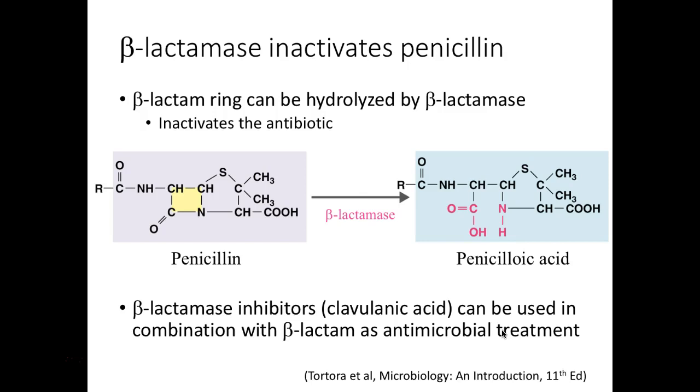On the top we have, let's say this time it's amoxicillin, which is another beta-lactam. And on the bottom it is known as Augmentin. And Augmentin is a combination of amoxicillin plus the clavulanic acid.